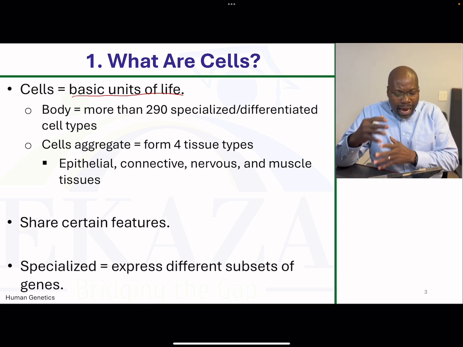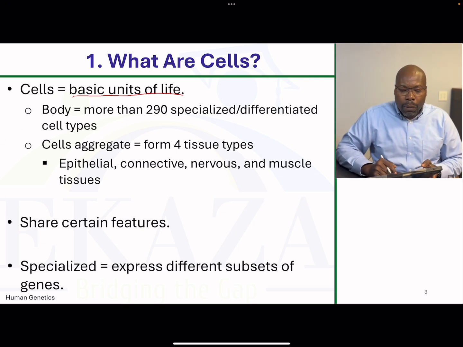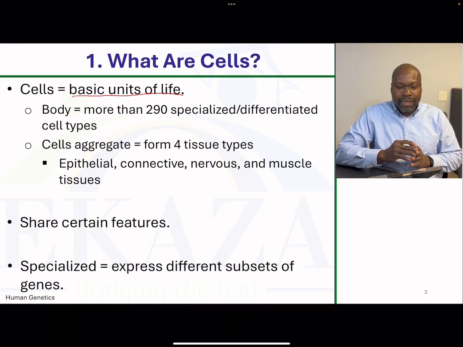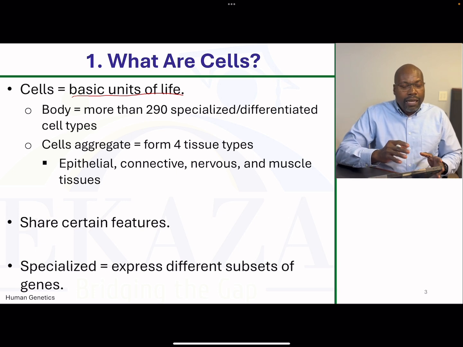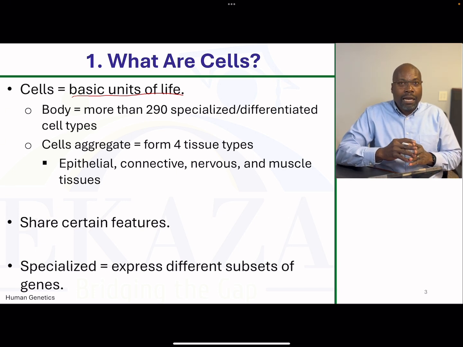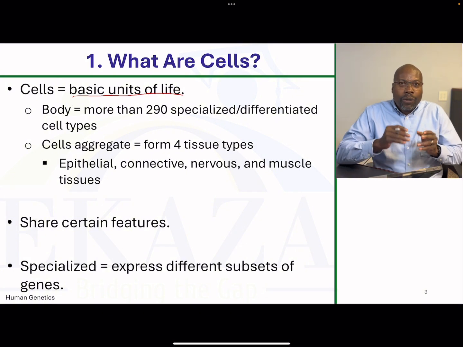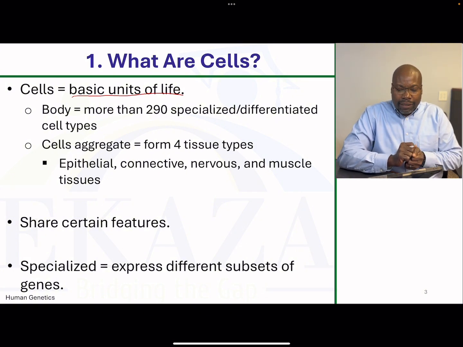They are specialized. So we have more than 290 different types of specialized cells. These cells, most of the time, are going to exist together in an aggregate.